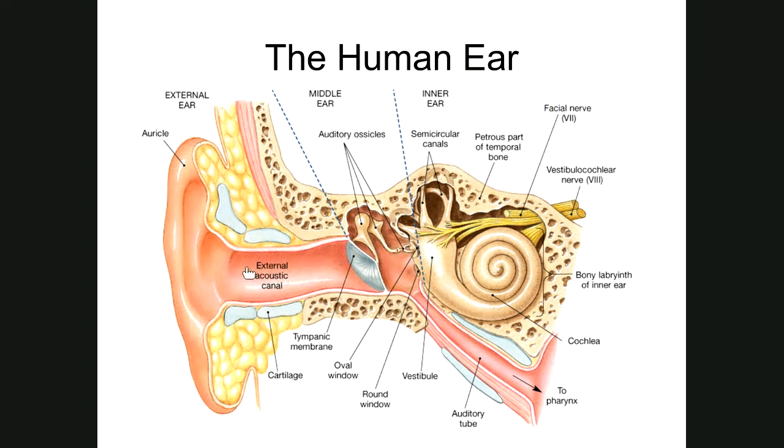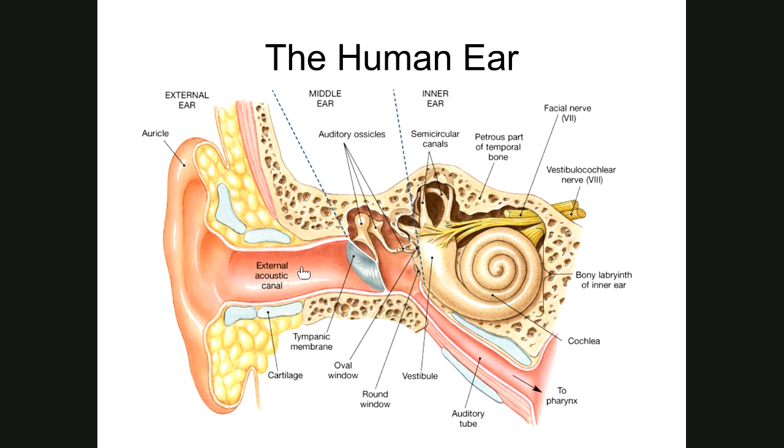This canal is lined with ceruminous glands, which produce a waxy secretion to trap dust and debris and act as a bactericidal agent. It does keep bacterial count down, it kills them, and has short hairs which keep larger debris and insects out of the ear. They're kind of like bristles in there, but they're kind of deep in your ear hole. You would need a scope to see them, basically.